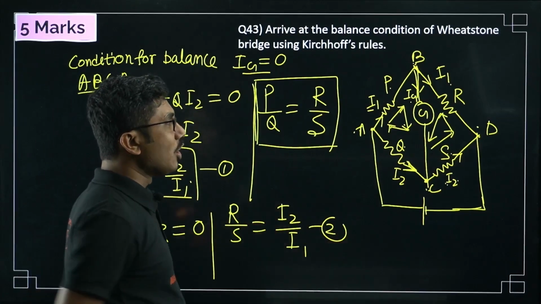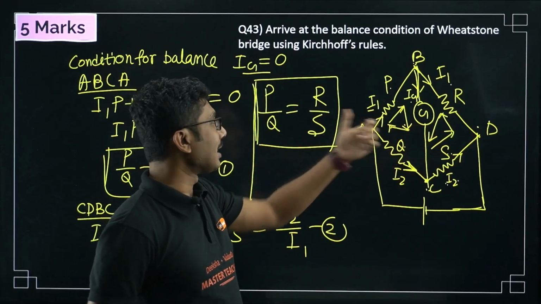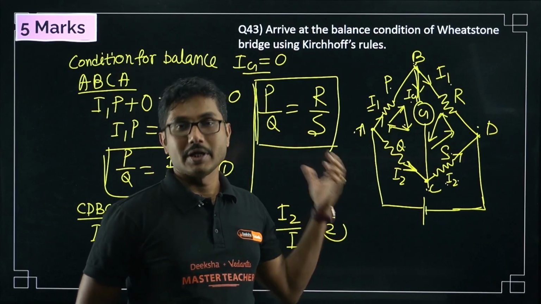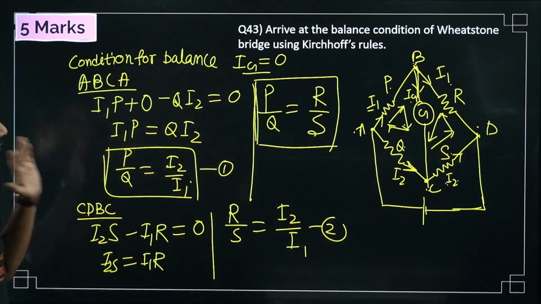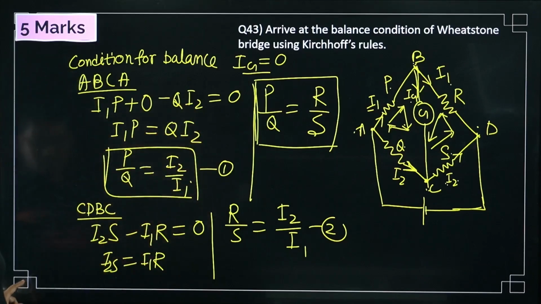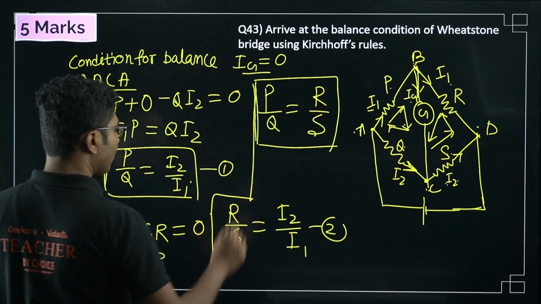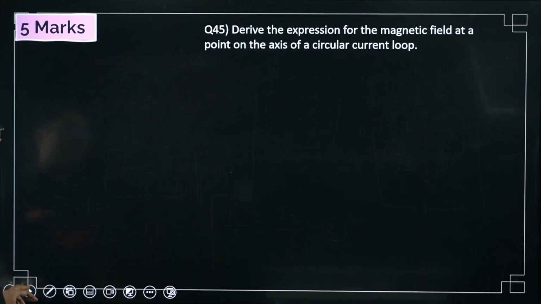Now if they ask you to draw the diagram and write the condition for balance, that is for a 2 marker or 3 marker question. But if it is coming as a 5 marker question, this is the shortest derivation. That is possible. For all of you I have done this so that you don't have to remember too much. If you practice it twice, you can still answer it.